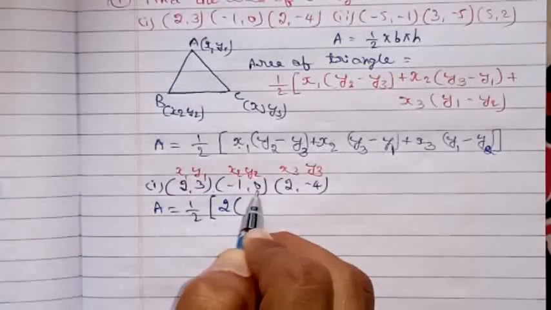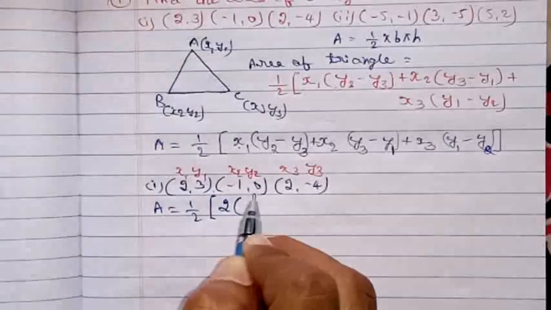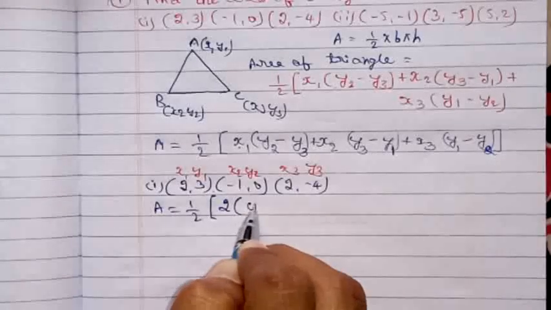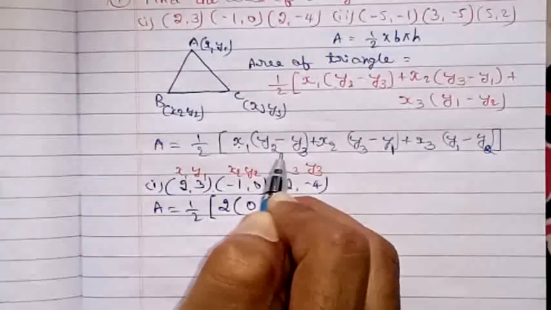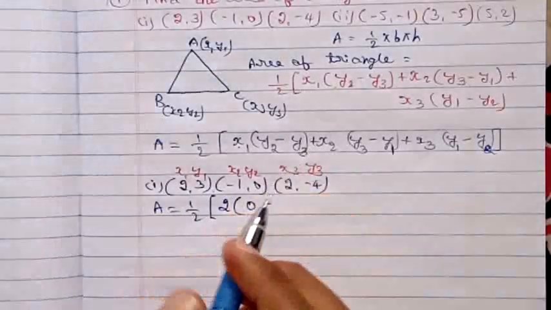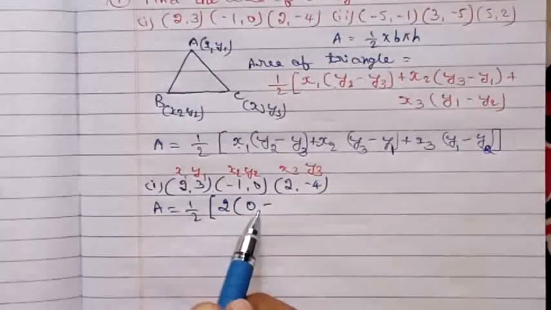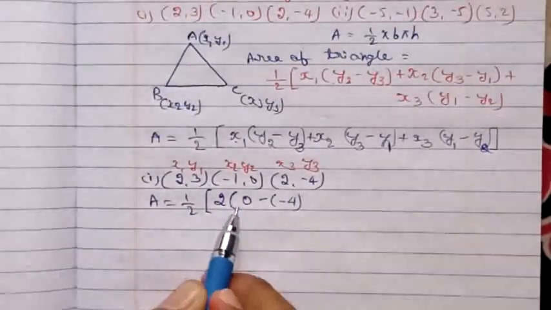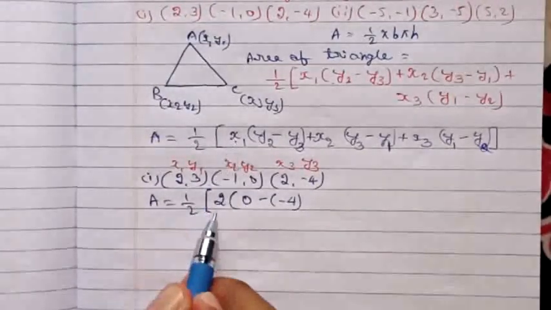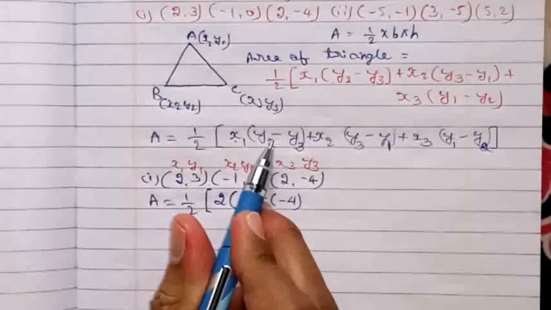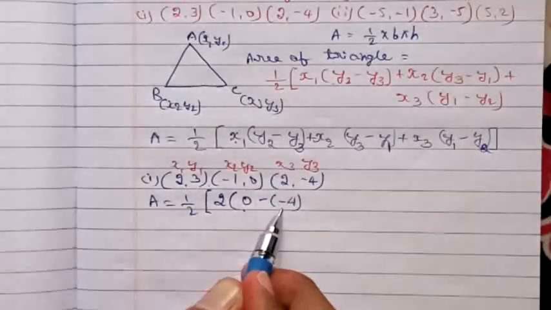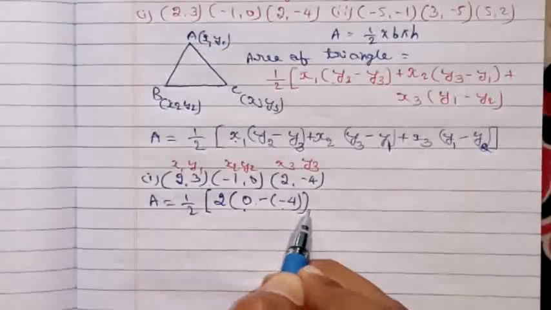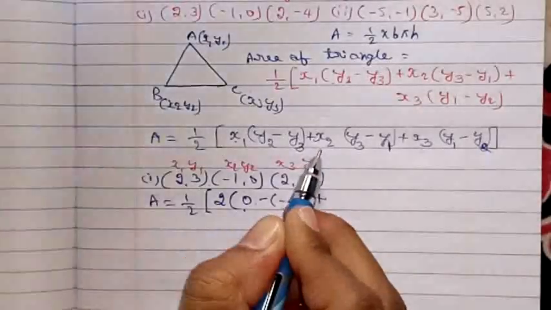Y2 is how much, children? Y2 is 0, so 0 minus y3. Y3 is how much? Just observe, minus 4. So minus of minus 4.